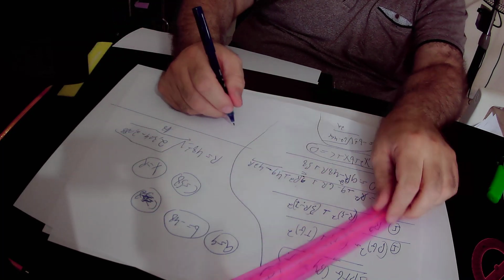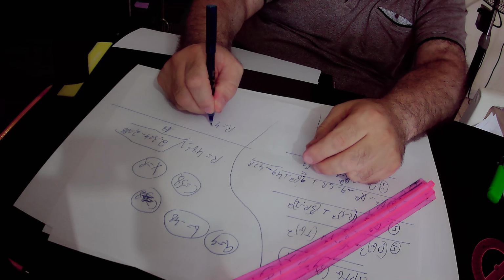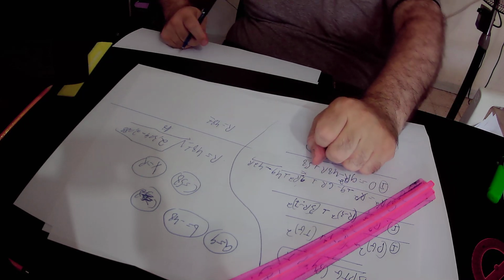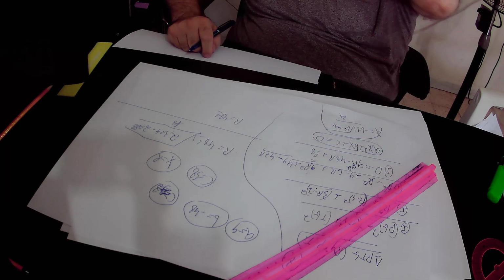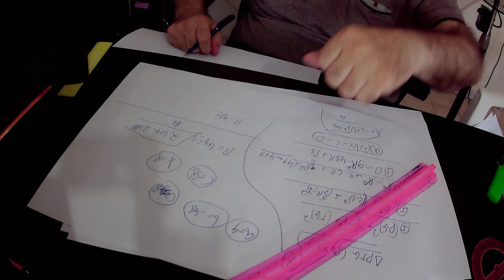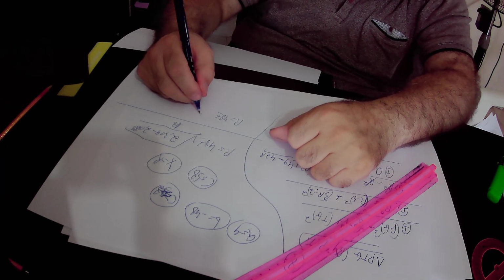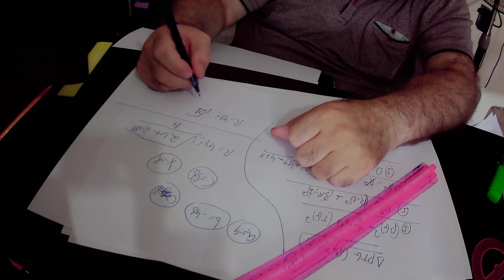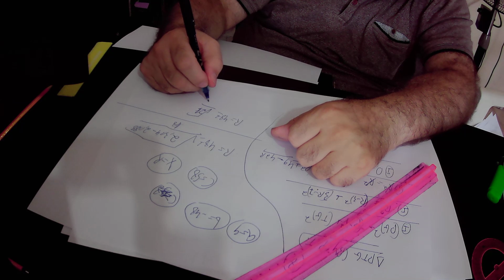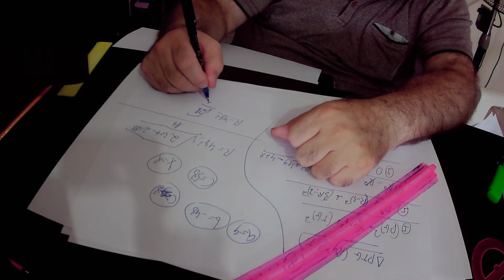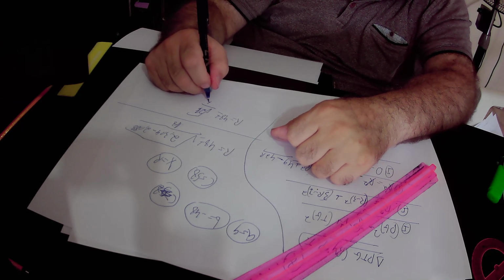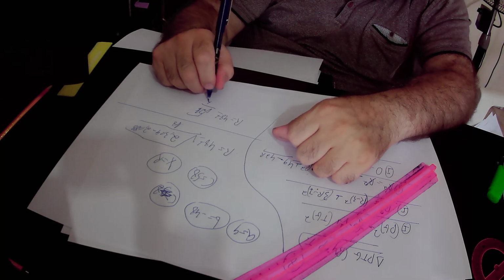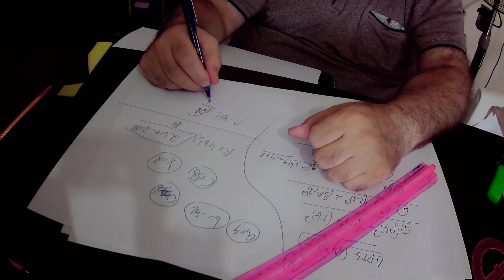So R equals 48 plus or minus the square root of 2304 minus 2088, which is 216, all divided by 18.